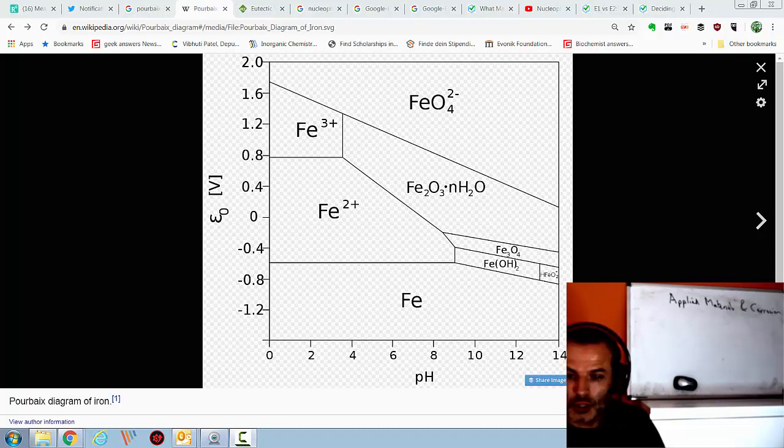As long as our potential is below 0.7 volts, compared to the normal hydrogen electrode, we will tend to hinder the corrosion, and some of these corrosion products are better at doing it than others.